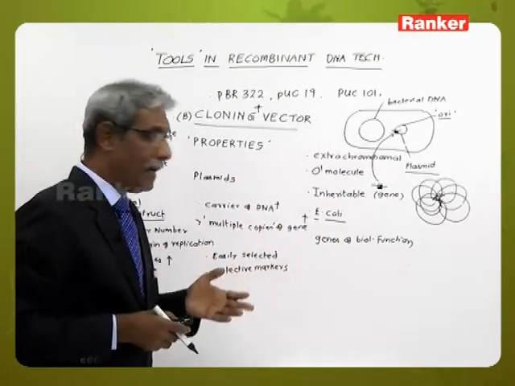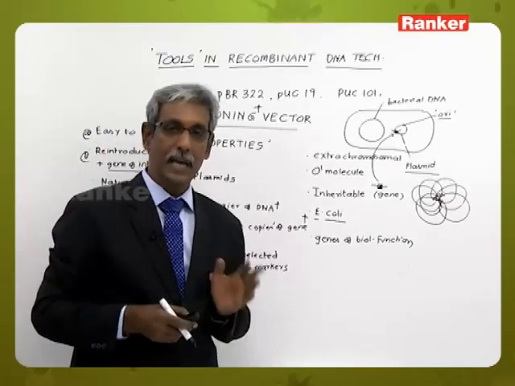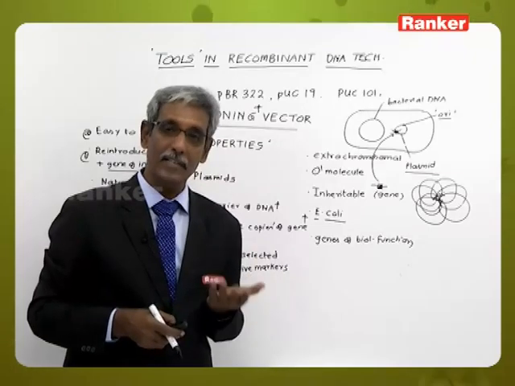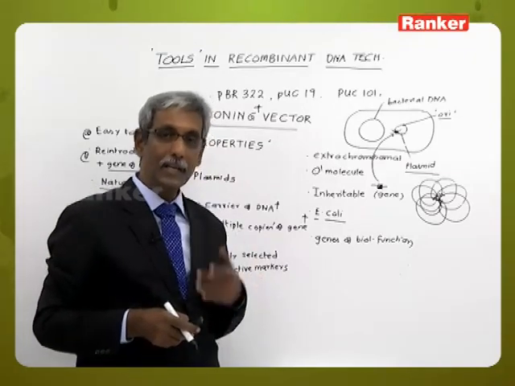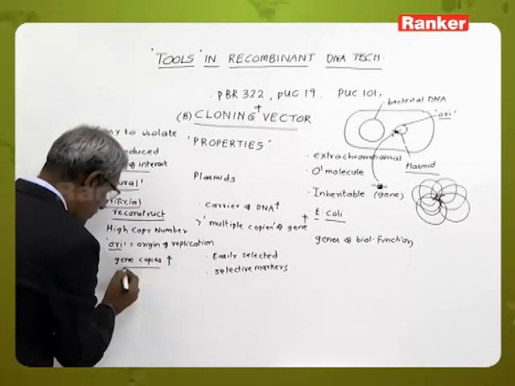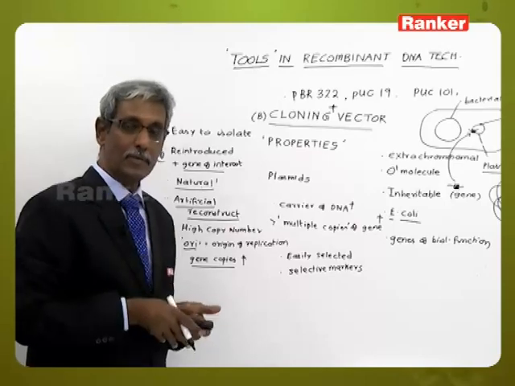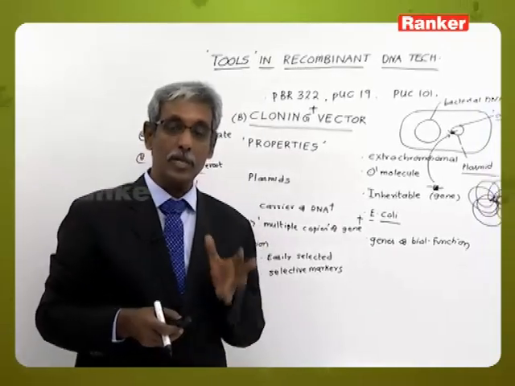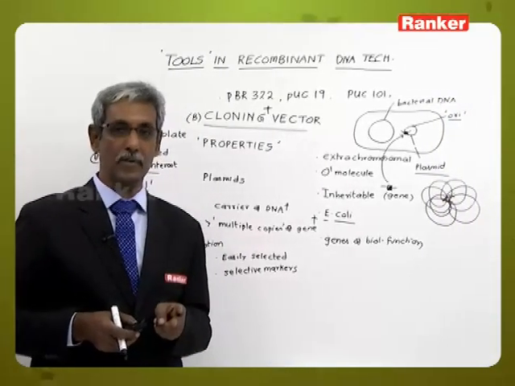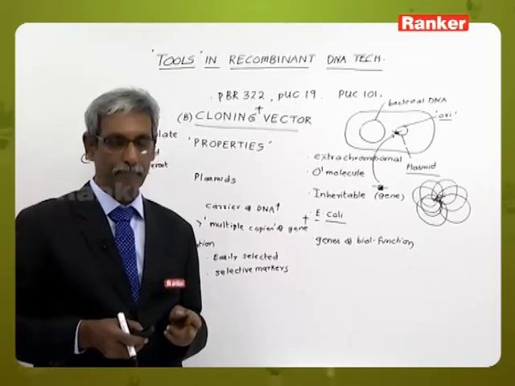So sometimes a plasmid can form only 10 copies. In some other species it can make 1000 copies of itself. So the larger the number of copies, the larger the number of copies of the gene you can get. There are some plasmids which are termed stringent. They make only 2 copies of themselves. So you can get only 2 copies of your recombinant gene.